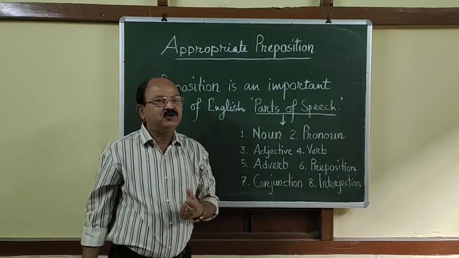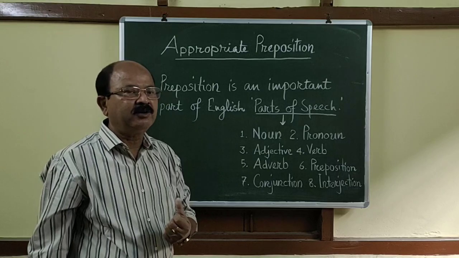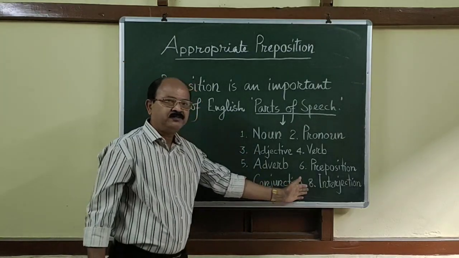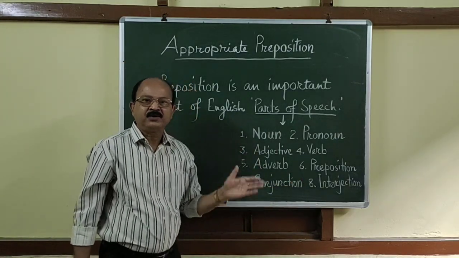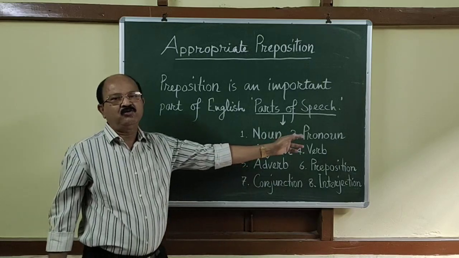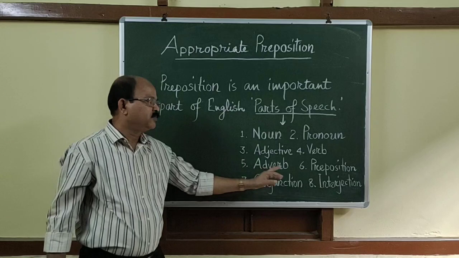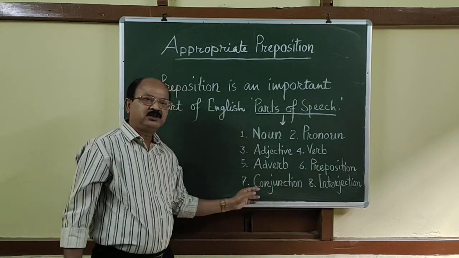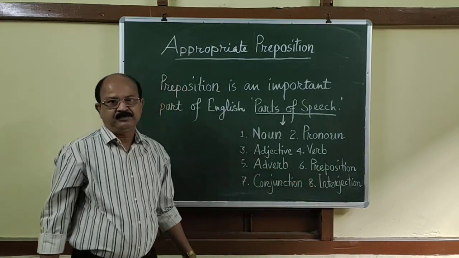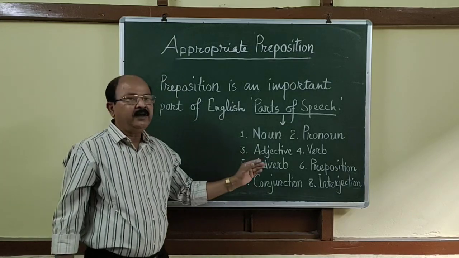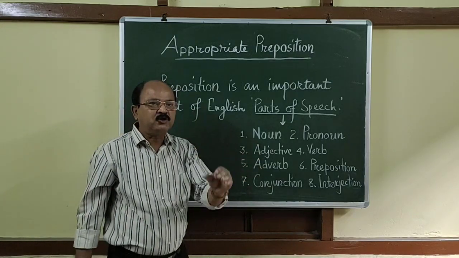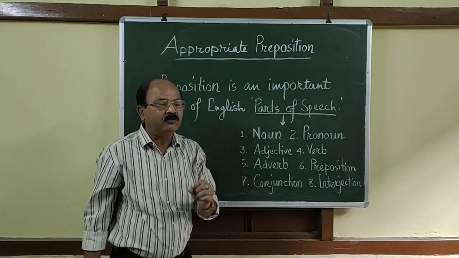How many parts of speech do we have in English? Eight. Noun, pronoun, adjective, verb, adverb, preposition, conjunction, interjection. These eight are the parts of speech of English language.